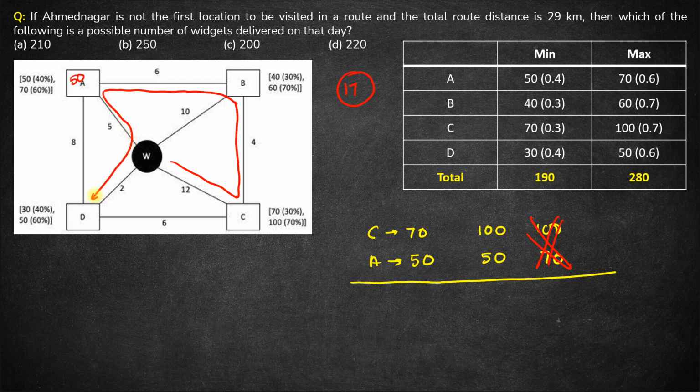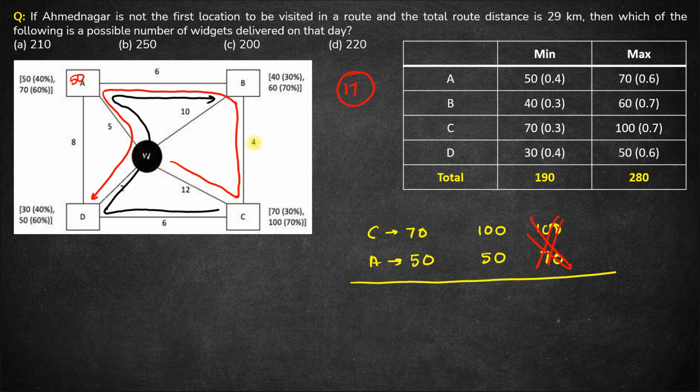So from C to B to A to D can be one possible route. The other possible route is, if you go from C to D, then via W to A, and then from there to B. These are the two routes possible for the total distance to be 29.